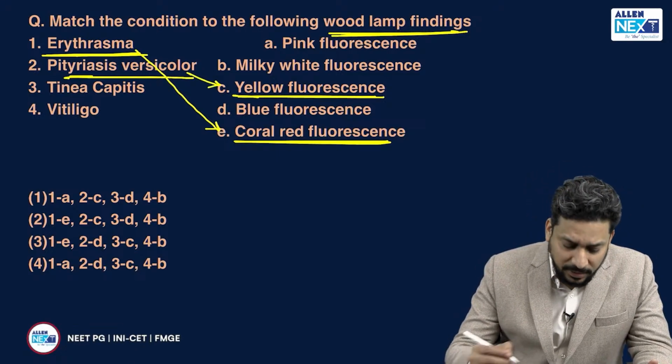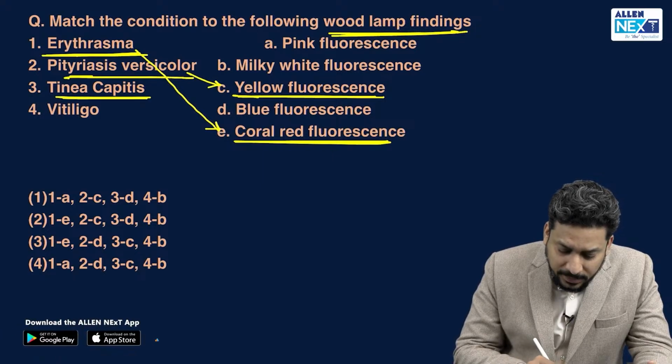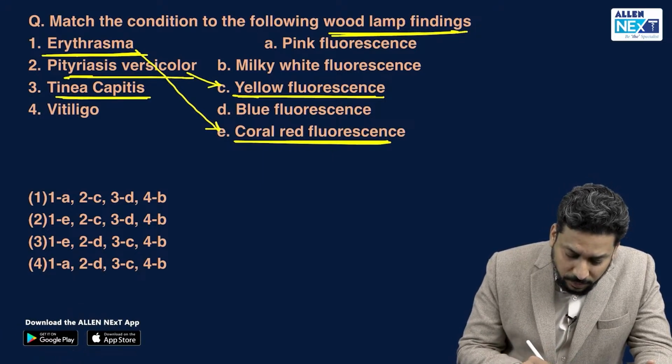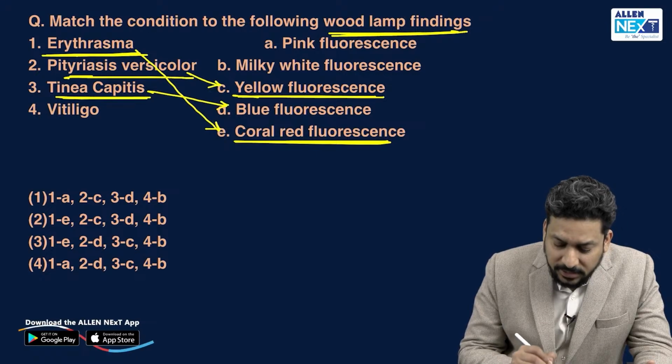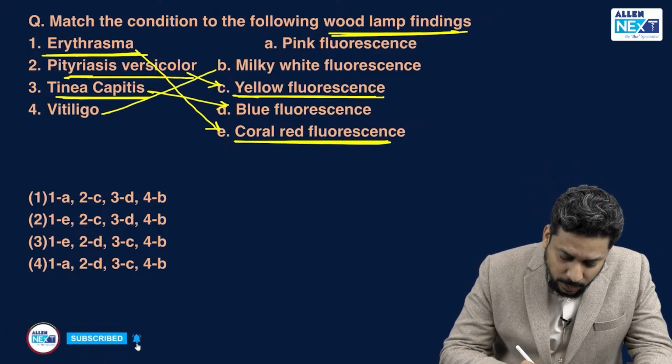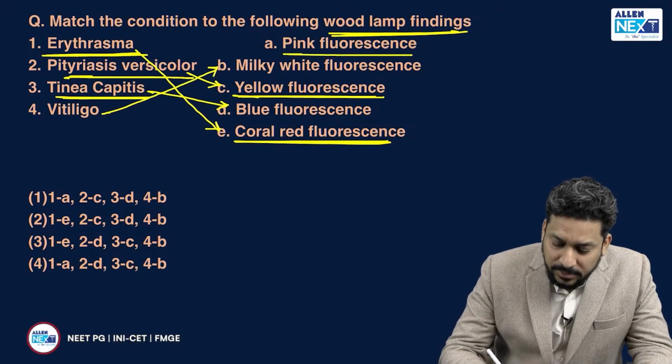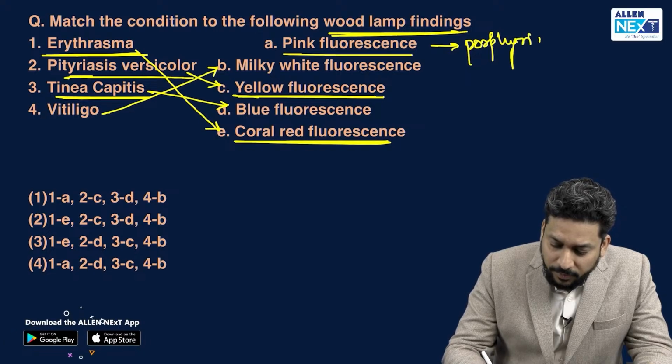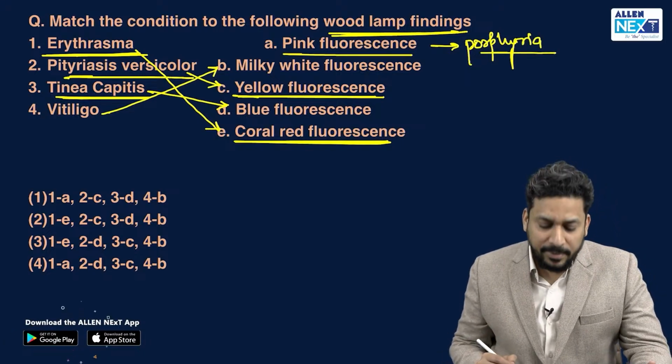In tinea capitis, green fluorescence is seen, or sometimes it is also referred to as bluish green. And in vitiligo, it is milky white, while pink fluorescence can be seen in patients suffering from porphyria. So these are few findings which are important under Woods lamp examination.